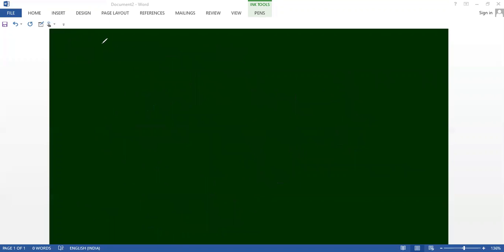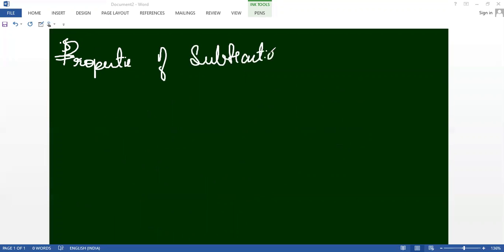Now we will study the properties of subtraction.